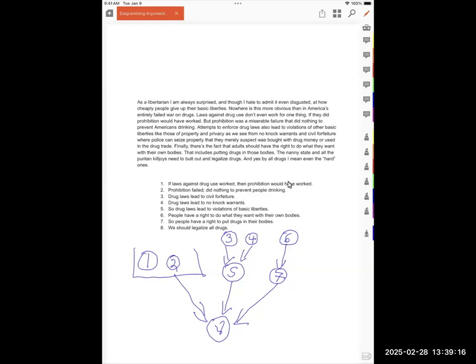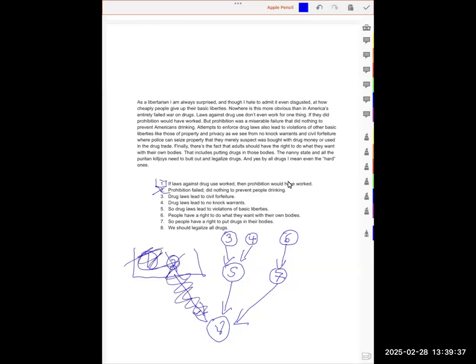So 1 and 2 have to work together to provide support, but I'm a little dubious about 1. I actually think 2 is probably just false, right? There seems to be some evidence prohibition did work. Well, if either one of these goes away, then this whole line of argument falls apart, right?